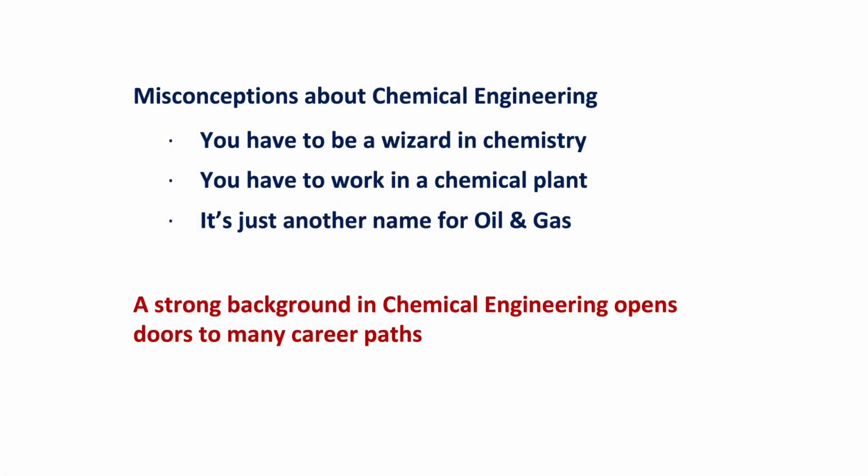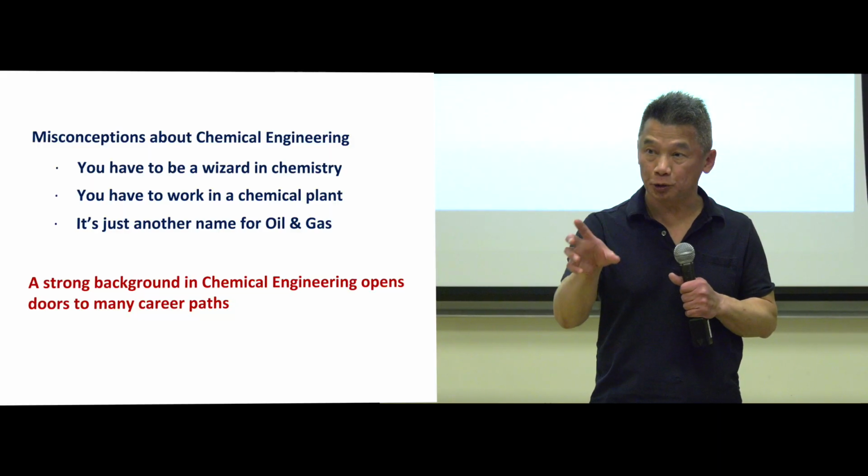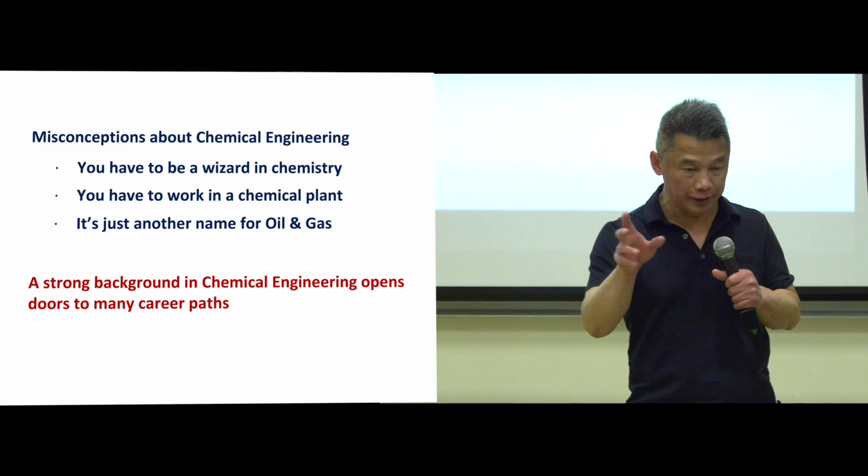I emphasize this point. A strong background in chemical engineering opens the door to many career paths. When you were in high school, you heard your science teacher say, you take these physics, chemistry, and biology courses, right? And then you also heard the claim that chemistry is the central science. Chemistry is what connects, on one side, physics, on the other side, biology. It's central to many branches of science.